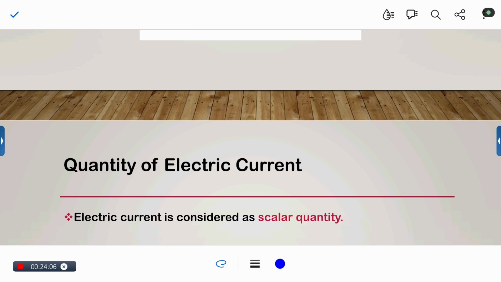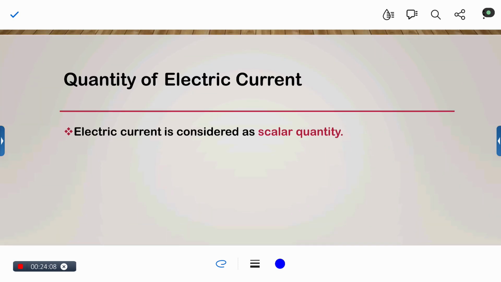Clear? Next, quantity of electric current. Quantity in the sense, we are going to say whether it is a scalar quantity or a vector quantity. Current is a type of scalar quantity. But this current has both magnitude and direction.